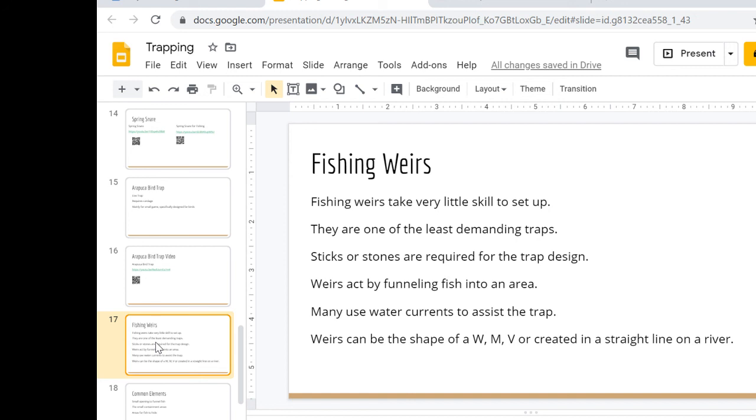You can even make a straight weir, but ideally it's better to make it into a V so that the opening of the V where it funnels them in allows the fish to get into an area that you've blocked off where they can't go anymore. And then you close that V off or close the funnel off and you walk in. You are essentially noodling at that point because you put brush along the weir so that the fish will get up underneath that and hide, and that's where you find them because they'll feel safe.